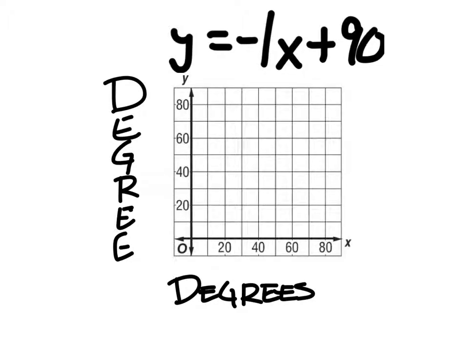Well, based on this equation specifically, who can tell us what the y-intercept is? It's (0, 90). Correct. Very good. Now if we were to graph this point, which we can do, well, let's graph this point (0, 90). I got it right here.